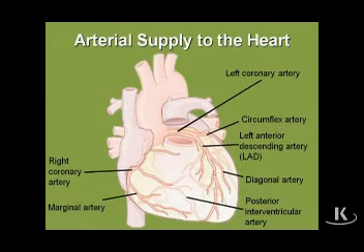Since we have the LAD in the interventricular sulcus and we have the posterior interventricular in the interventricular sulcus, they come at each other end to end. Branches anastomose in this region. So again, we have an anastomosis between a branch of the right coronary and a branch of the left coronary. So the same principles apply as we discussed before.